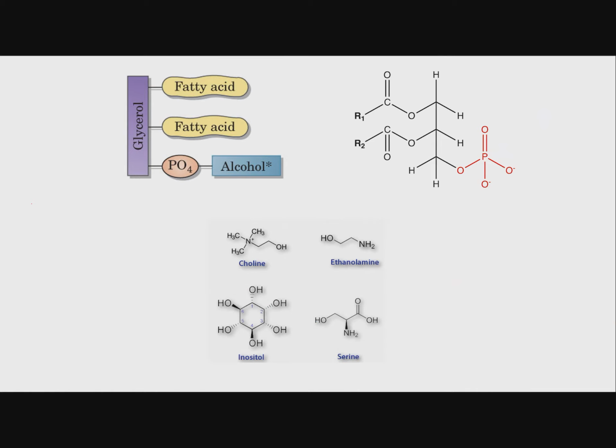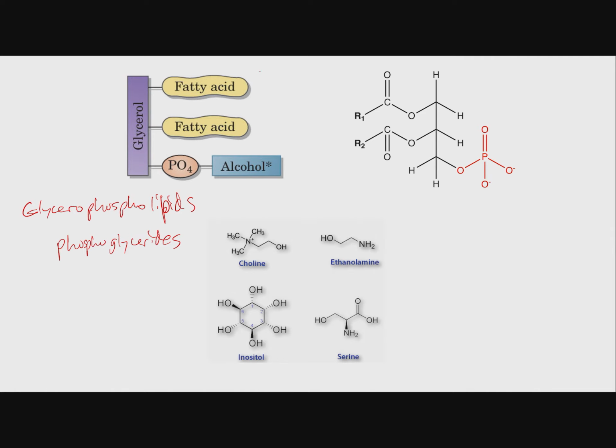glycerophospholipid. So a glycerophospholipid is an important component of the lipid bilayer. Now, phosphoglycerides, as they're also known, are structurally related to fats. So let me write that here. Glycerophospholipid lipids or phosphoglycerides.